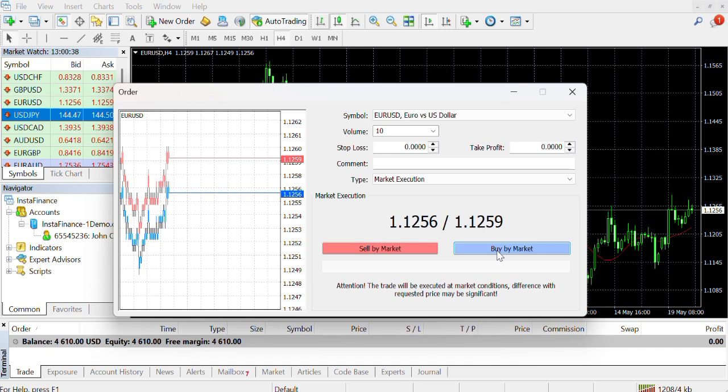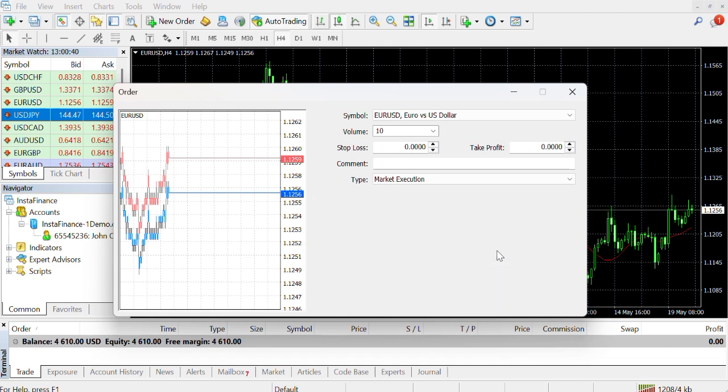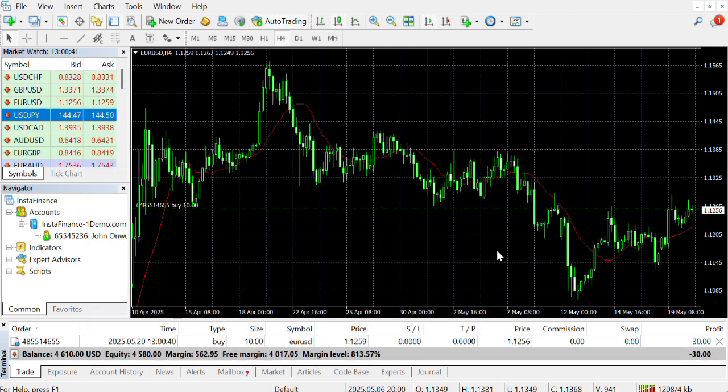So let's assume you want to buy, so you click buy. Now instantly you see the record of this trade you entered, and you see the profit is at minus 40. It was minus 30 when we entered, but then it goes one more pip on the negative side, so it's now minus 40.